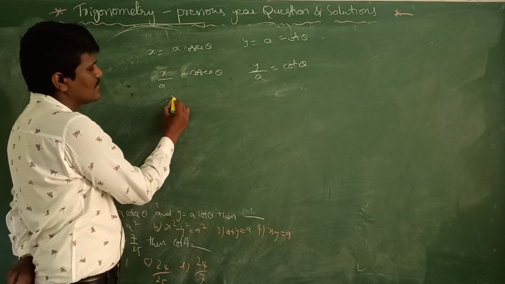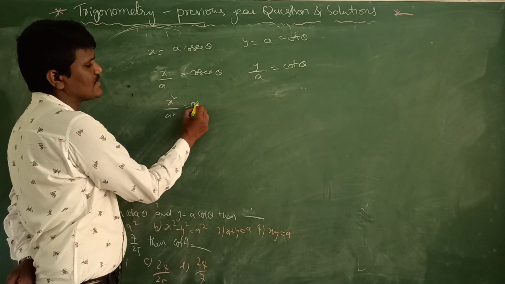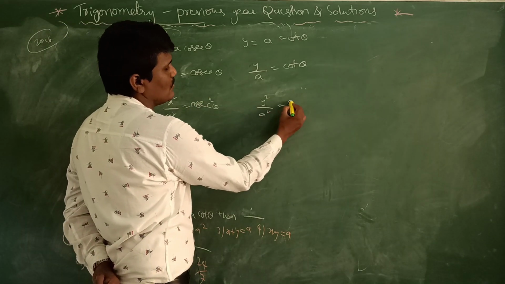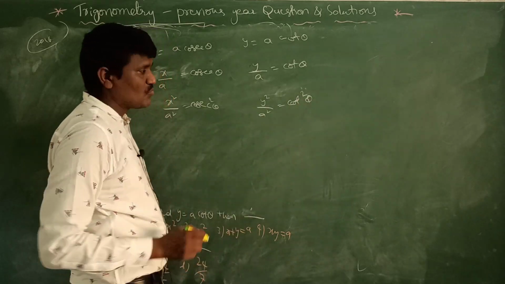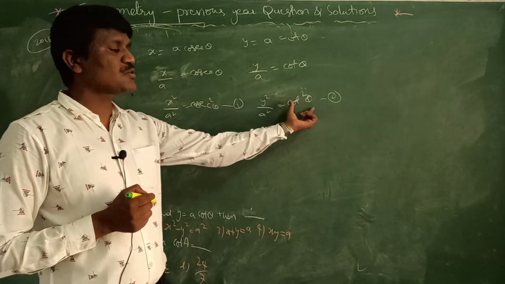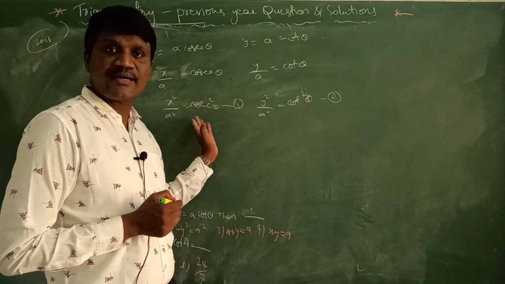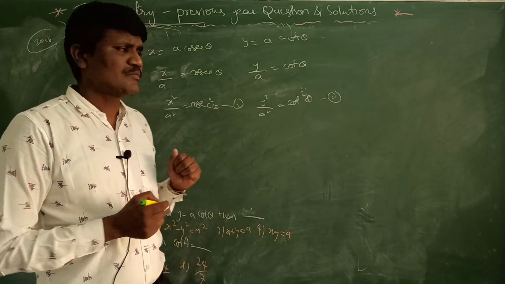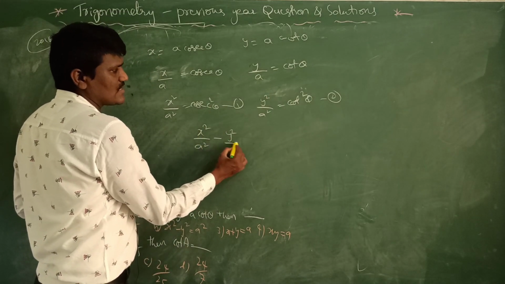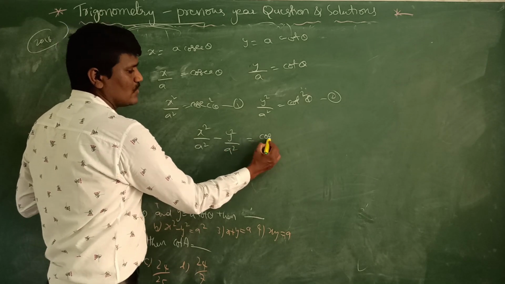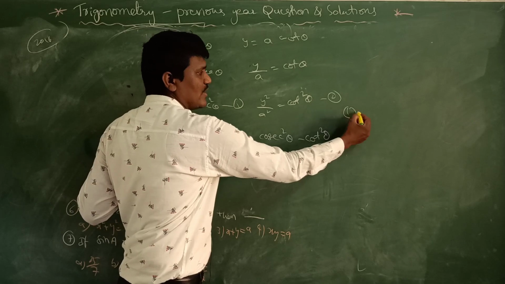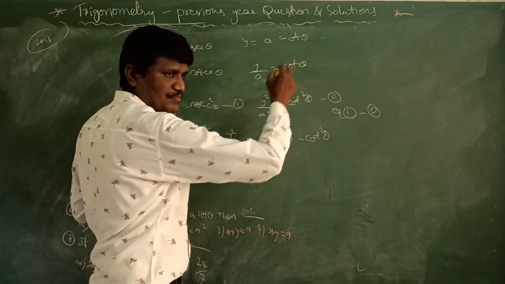Squaring on both sides, x square by a square is equal to cosec square theta, y square by a square is equal to cot square theta. Say this is equation number 1 and equation number 2. If you do 1 minus 2, the right hand side will be cosec square theta minus cot square theta. So the left hand side is x square by a square minus y square by a square, equal to cosec square theta minus cot square theta. So I am doing equation 1 minus 2.